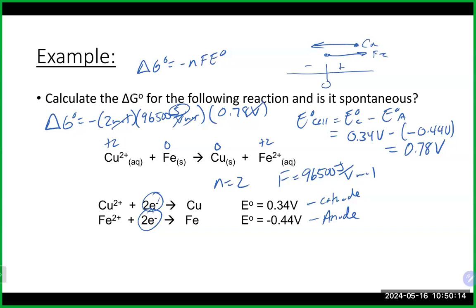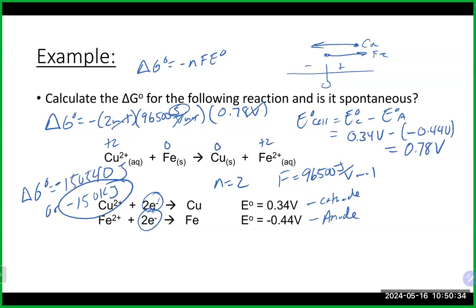Remember, it is negative here. That'll give us a delta G of 150,540, which is negative joules, or roughly negative 150 kilojoules, which is typically what delta G is given in, kilojoules, right?